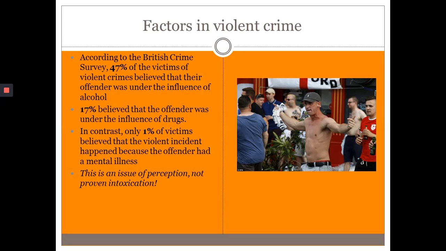So by far, the majority of the people carrying out assaults were either drunk or off their skull on some other substance. Very few of them were seen as being mentally ill.